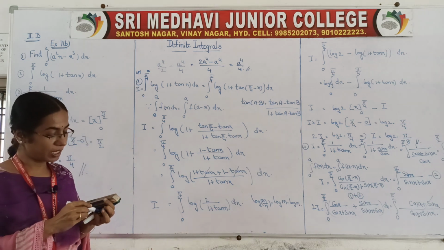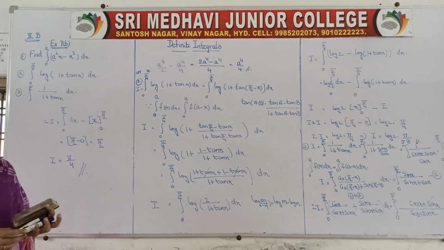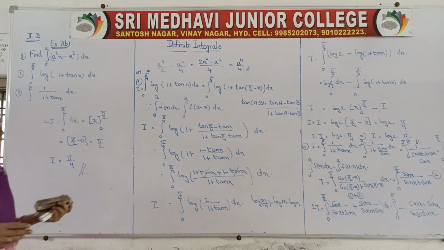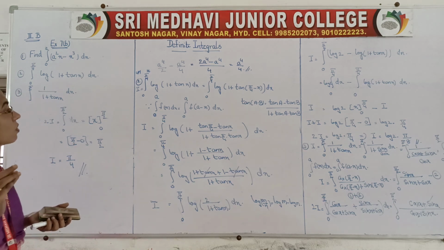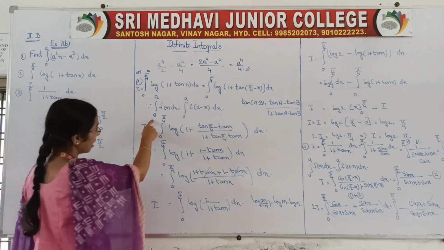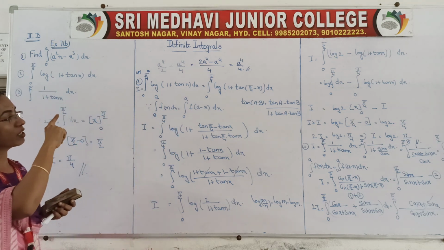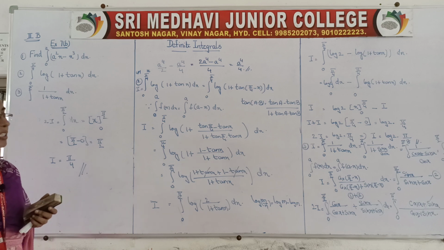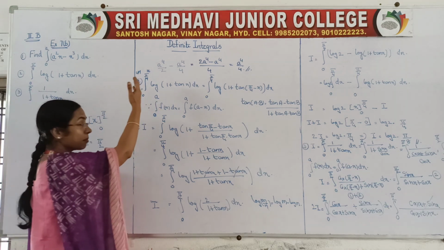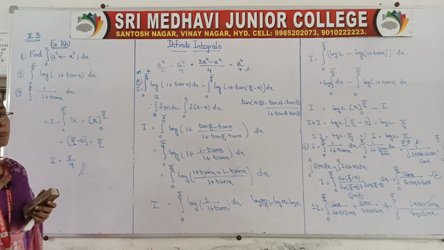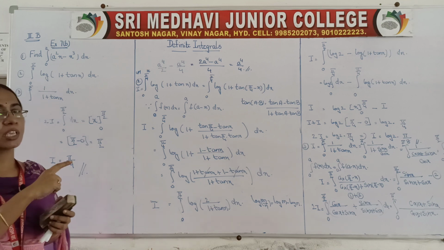Okay. So with this we have completed the definite integrals. 15 marks topic over. So be perfect with the concepts, right? Maximum we are using this formula, integral 0 to a f of x dx is equal to integral 0 to a f of a minus x. That means in the problem, 0 is the lower limit and any other value is the upper limit. Then for almost all problems, we follow the same procedure.